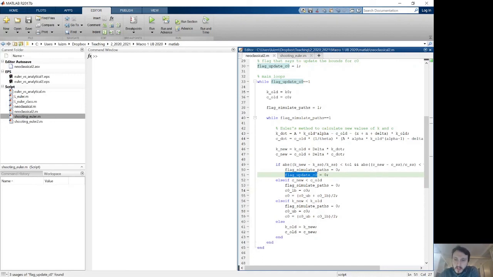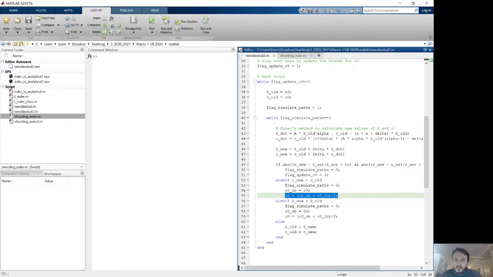If we get to this part of the code that says that consumption starts decreasing, we don't change the value of this variable, update C0, because we actually want to update C0. We want to update the bound for the interval of C0, and then we want to update C0.